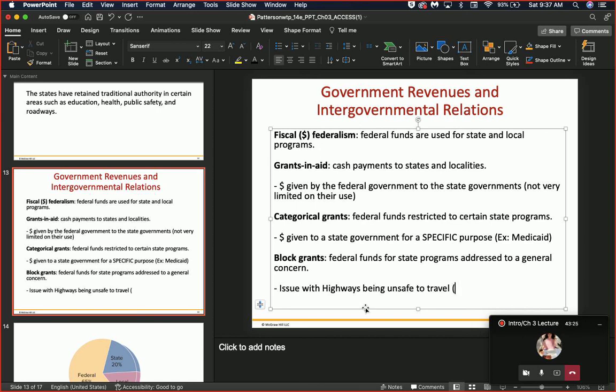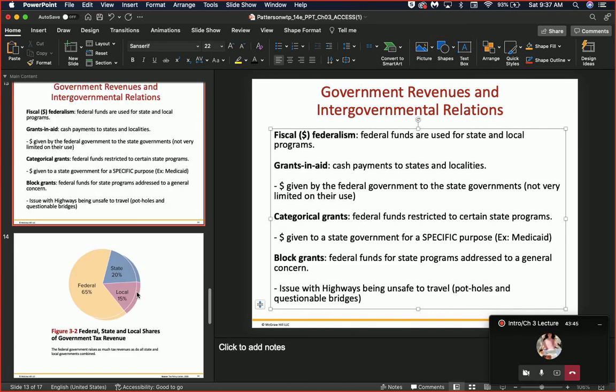We'll say there's a lot of potholes and questionable bridges, meaning questions about whether bridges are actually safe, okay? They can get money through the federal government to address these issues, okay? If they can convince the federal government to give them the money.